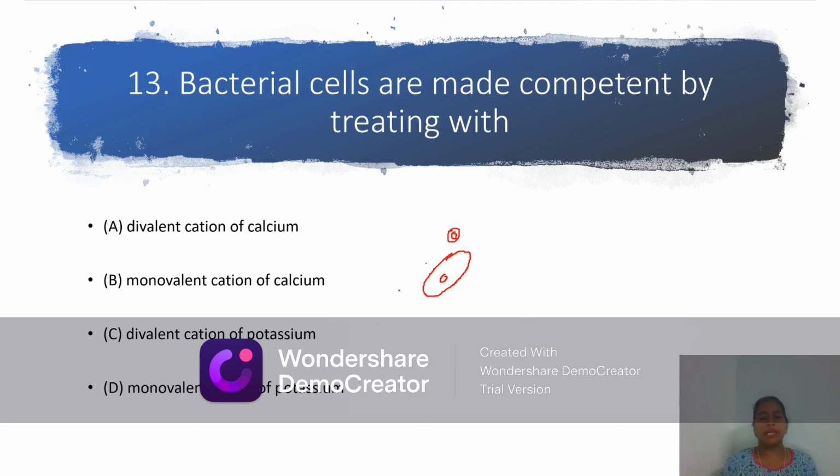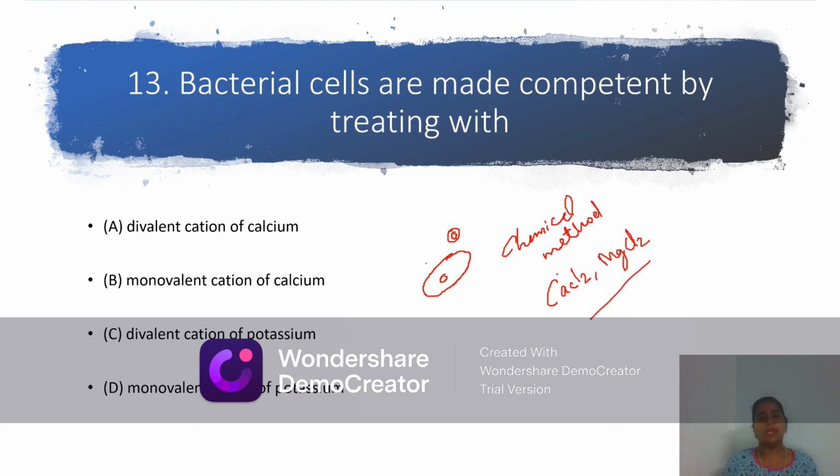In the transformation method we told that is the chemical method, right? The chemical method of transformation. What is that? You will be treating your bacterial cells with divalent cations like calcium chloride or magnesium chloride.